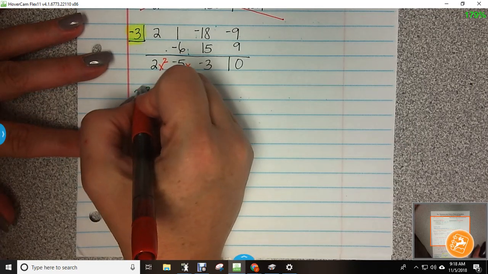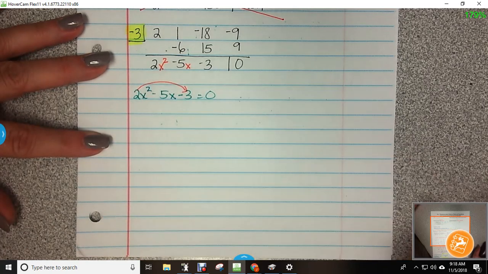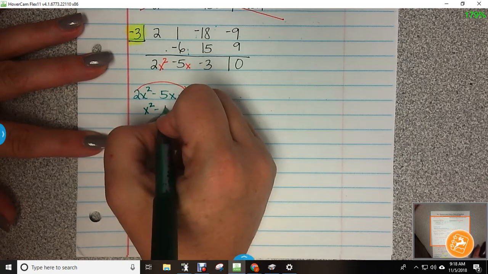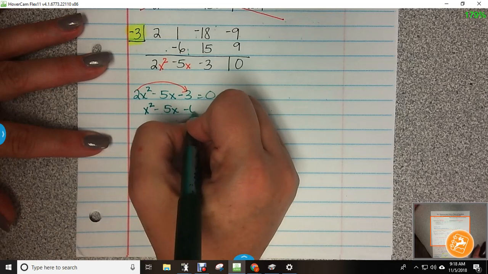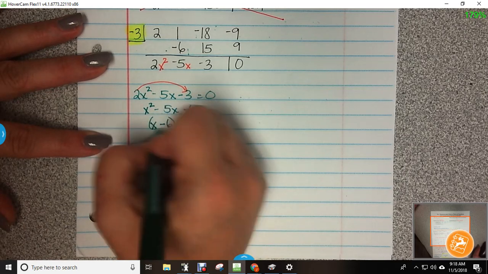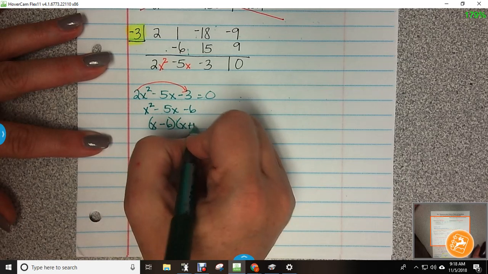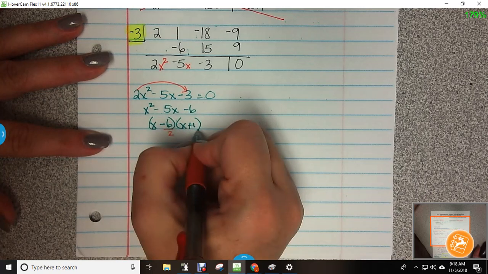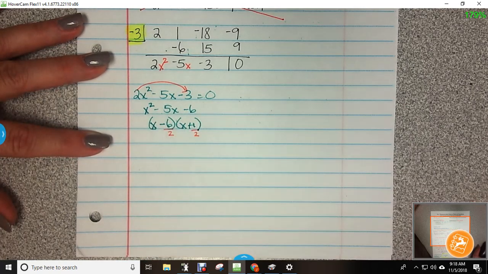So I've got to multiply the 2 times the negative 3, x squared minus 5x minus 6. That will factor into x minus 6 times x plus 1. Remember to come back and divide by that 2.